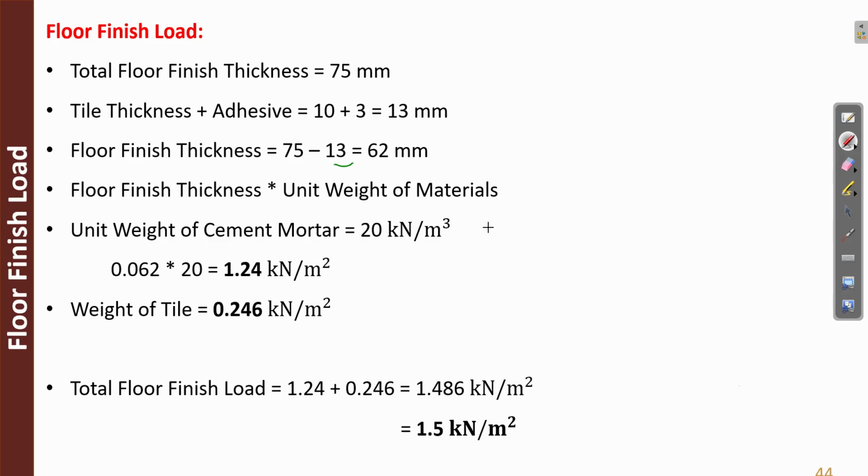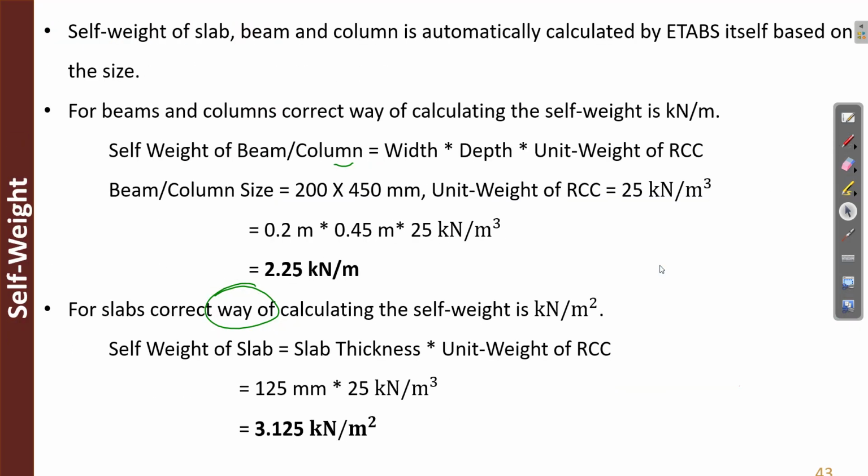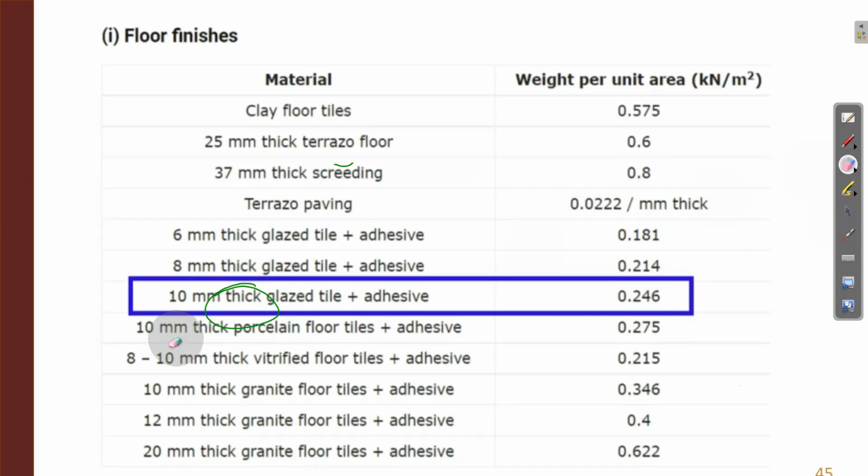So how did I get this weight of the tile? I have the list of table. Assume I am using 10 mm thick glazed tile as floor finish, plus adhesive, its weight comes out to be 0.246 kilonewton per meter square.